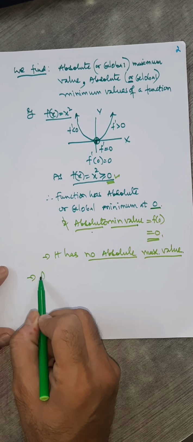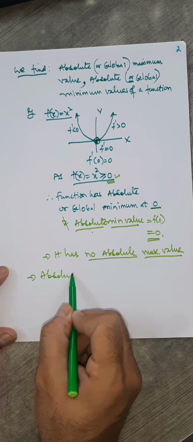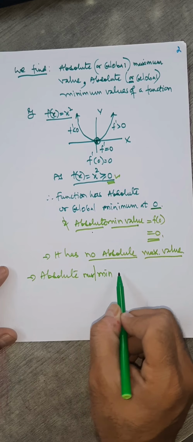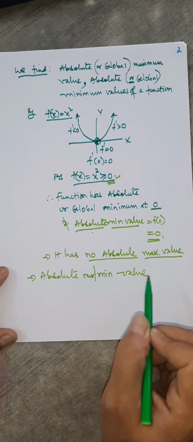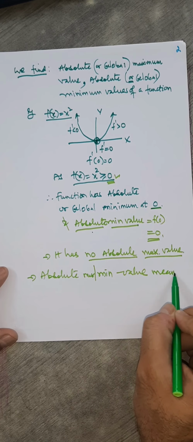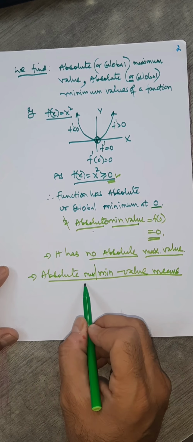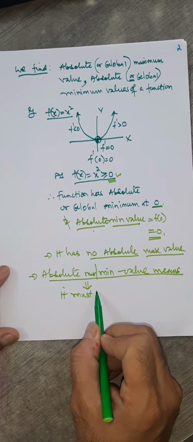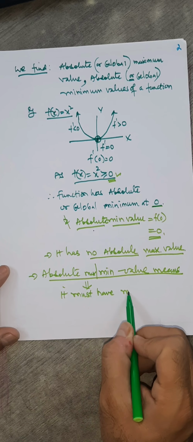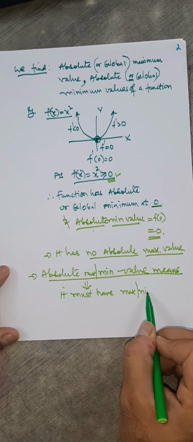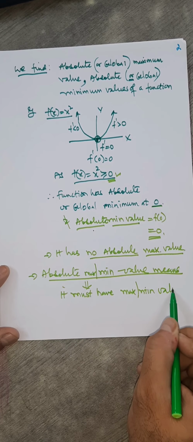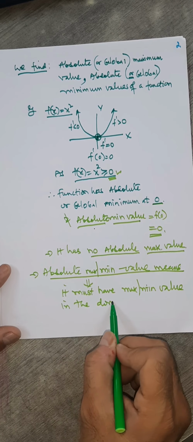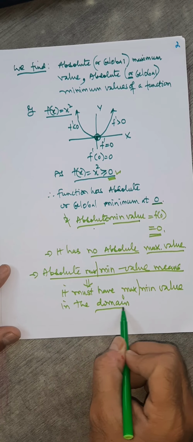So absolute maximum or minimum value means it must have the maximum or minimum value in the entire domain.